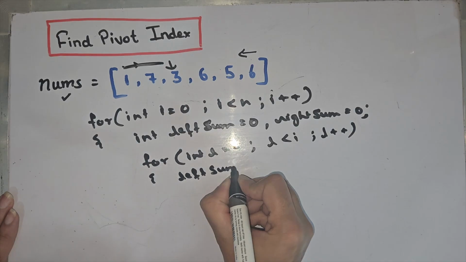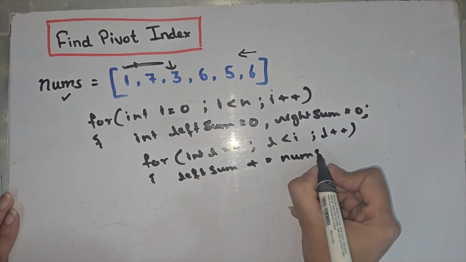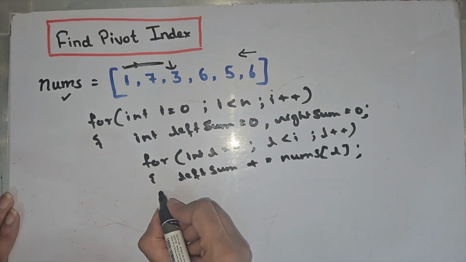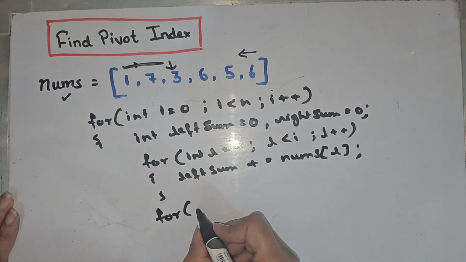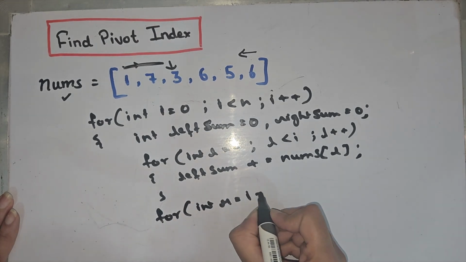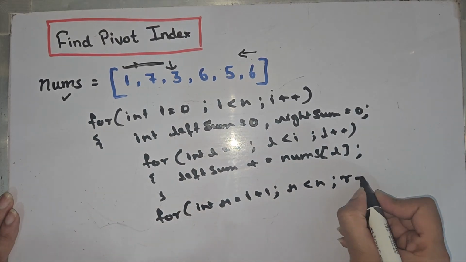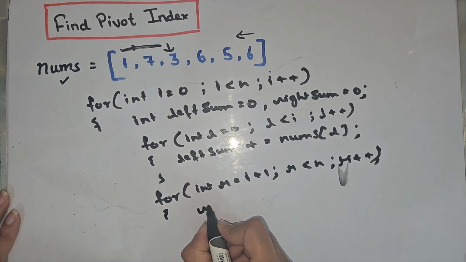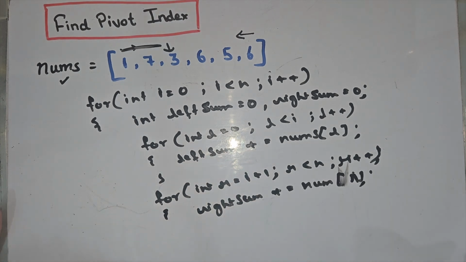We will have left sum equals left sum plus the element pointed to by l. For right sum, we will have a loop r equals i plus 1, r less than n, and r plus plus. And in this loop, we will have the right sum calculated. So this is the right sum.